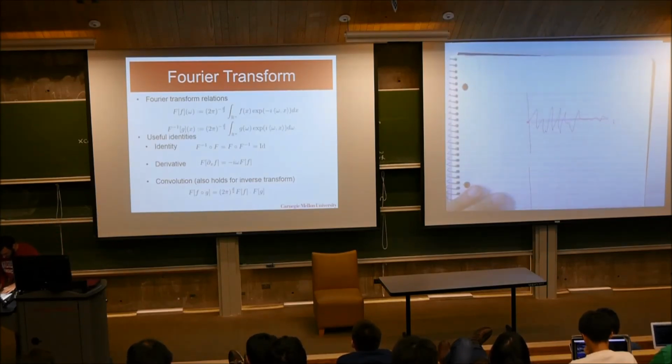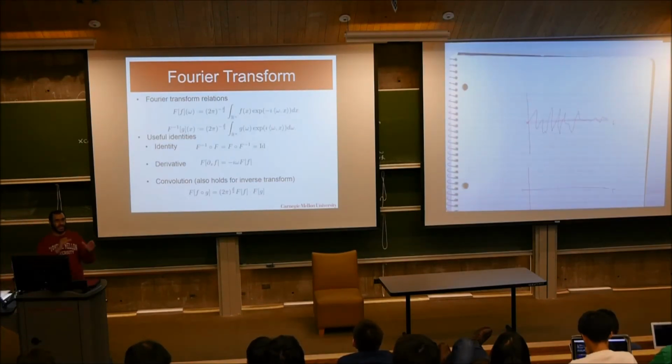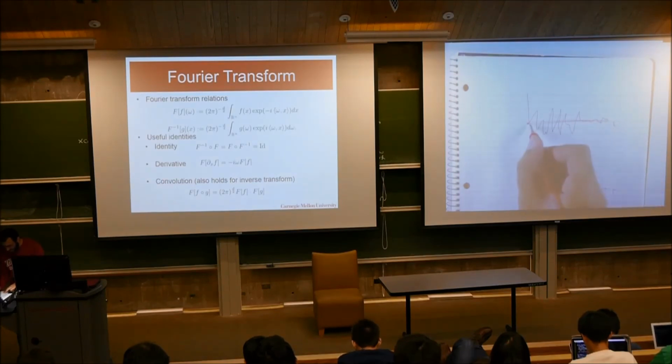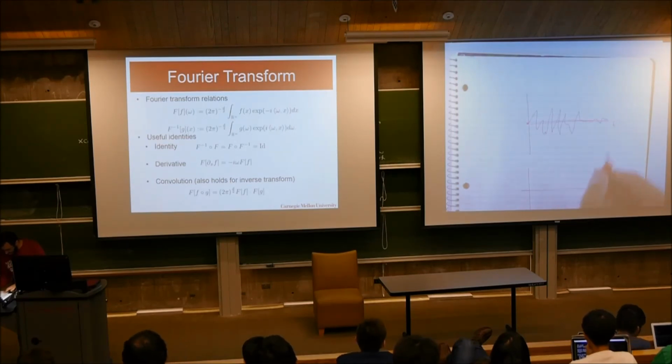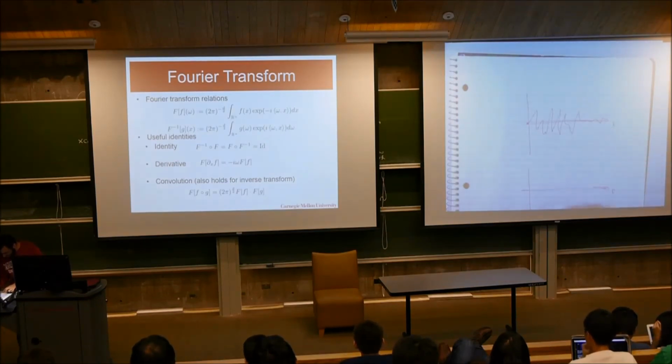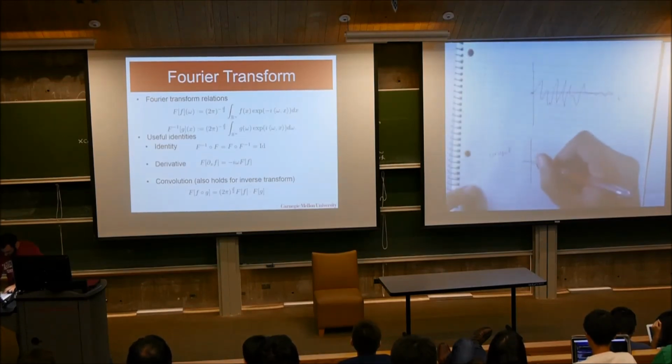So you assume that this signal is the superposition of different signals at different frequencies. Okay, let me plot it. So this is the original signal. Maybe something like this.